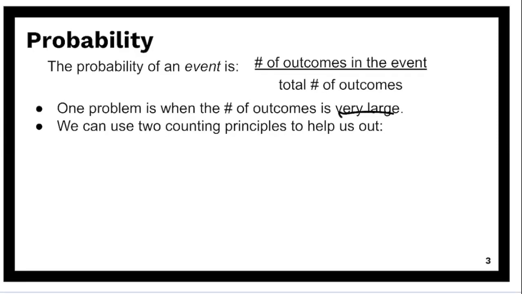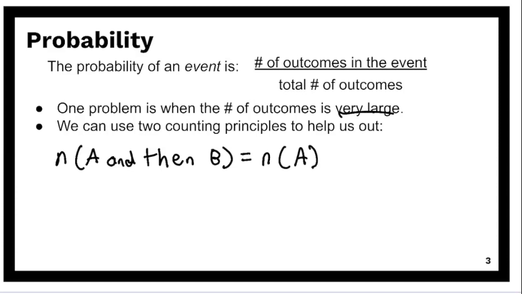If you remember, we had that maze with the mice in it, and we have two different events. The number of ways to pick A and then B was equal to the number of ways to pick A times the number of ways to pick B. So we have those four paths, and then for each path we took, there were three more paths we could take once we looked at our second set of paths.